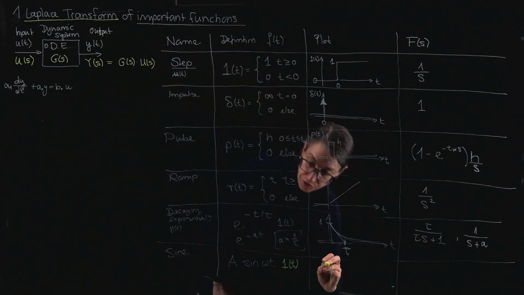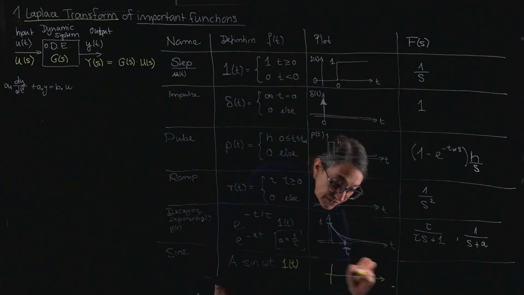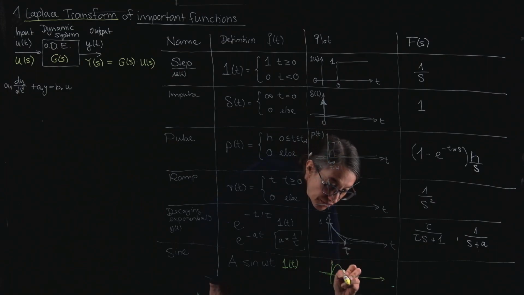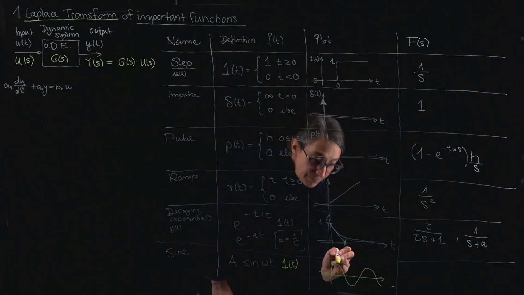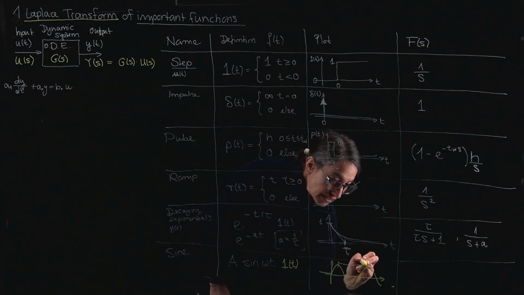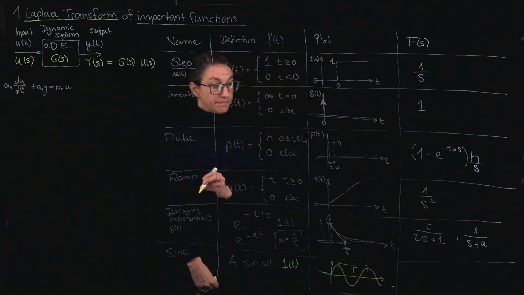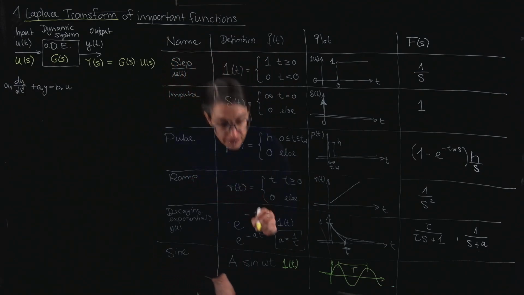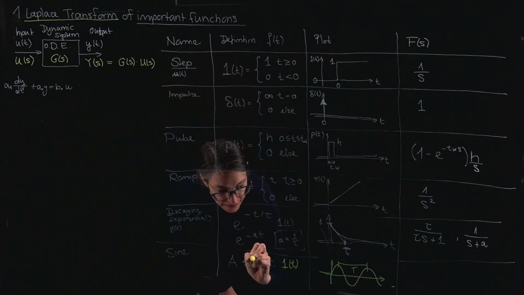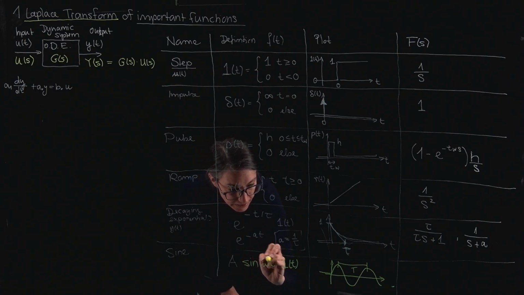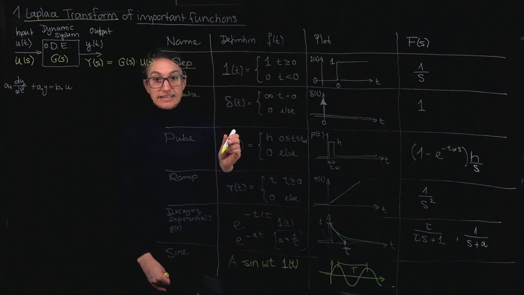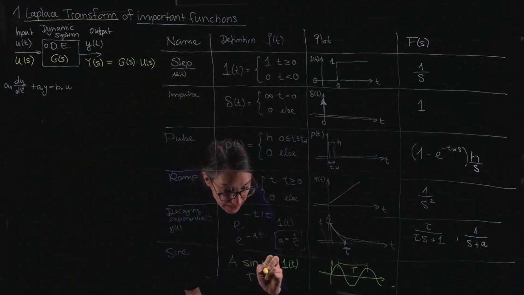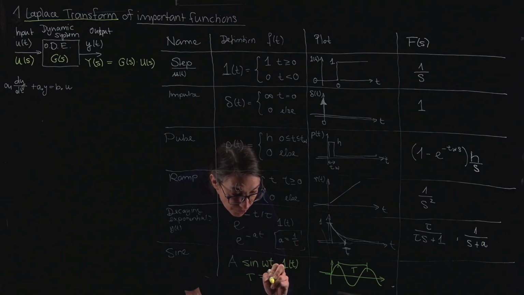Okay. And you know what this looks like. This is a sine function, so it's 0 before 0, and then it oscillates around. And we have an oscillation period of T. The relationship between T and omega, here I have sine of omega t, the relationship between omega and this oscillation period is T equals 2 pi divided by omega.